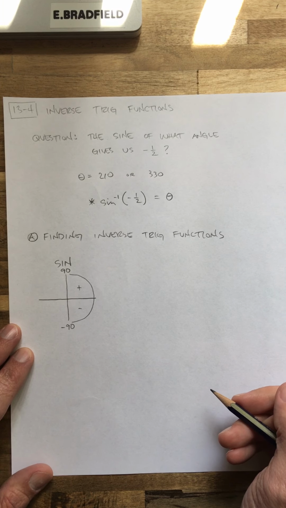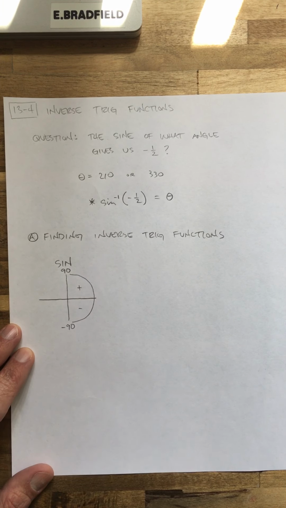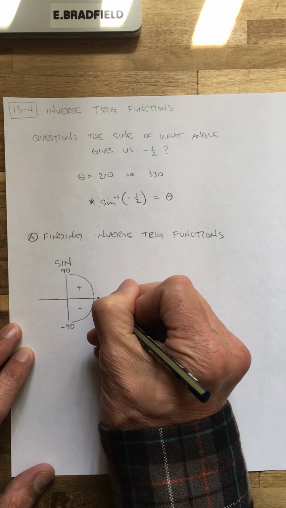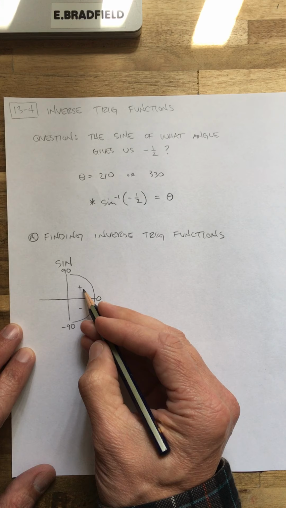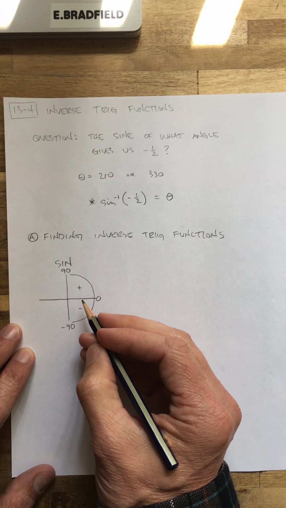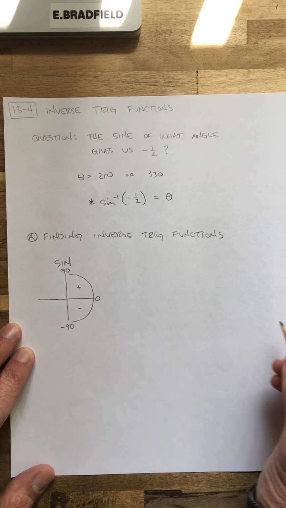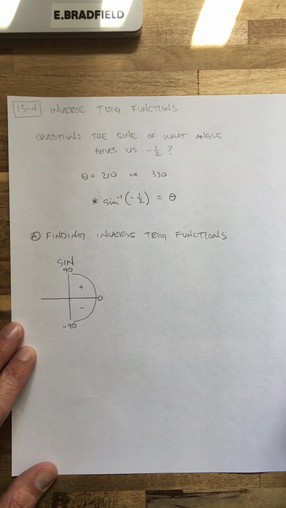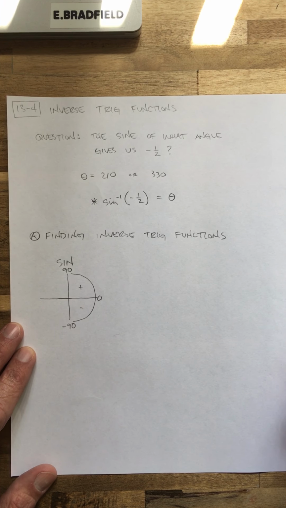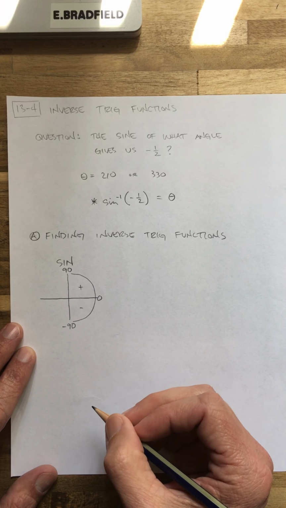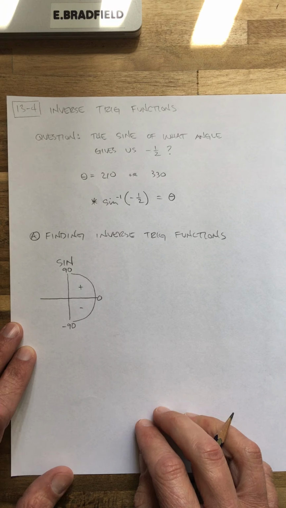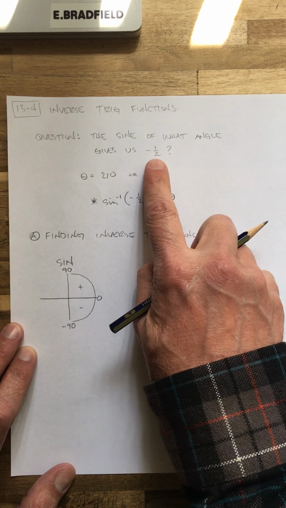If our ratio is negative, then our angle is going to be in this quadrant. If our ratio is positive, then our angle is going to be between 0 and 90 degrees. If the ratio is negative, then our angle is going to be between 0 and negative 90 degrees. Watch this. Wasn't the ratio I gave you negative?